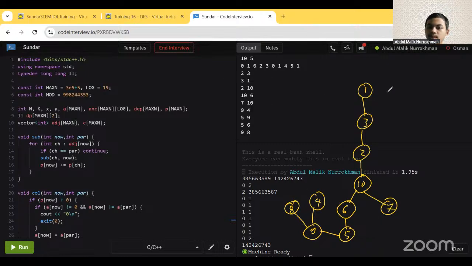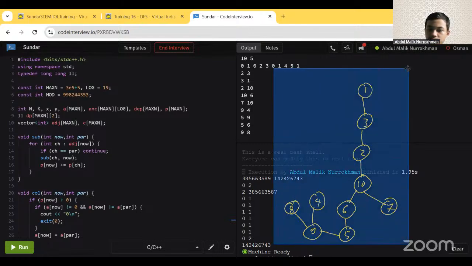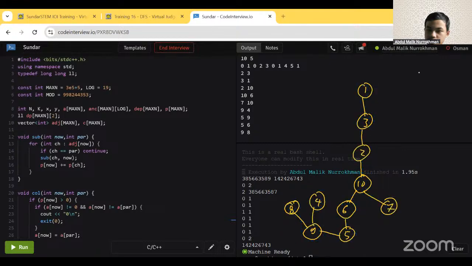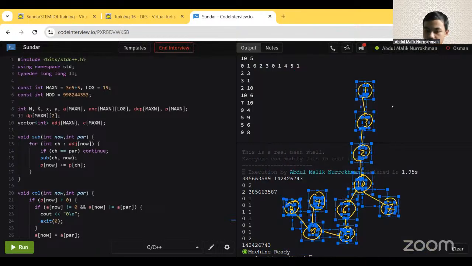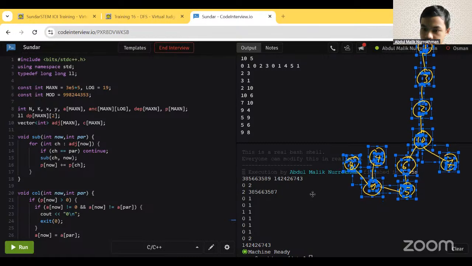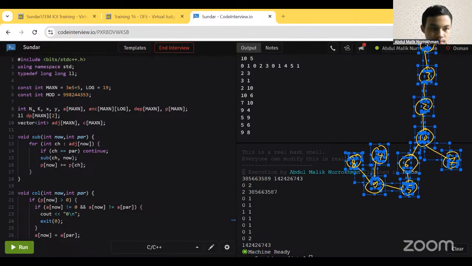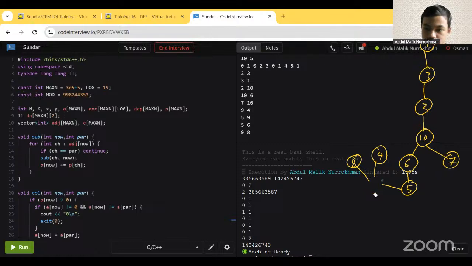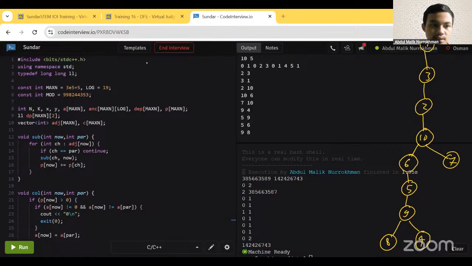Okay. Maybe let's make it prettier. Let's move it to the upside. This is 9, 4, and 8. And how about the color?